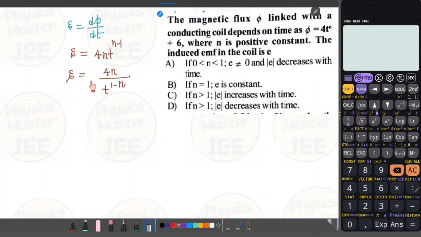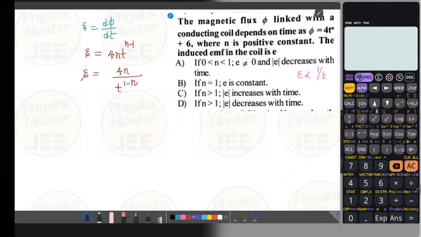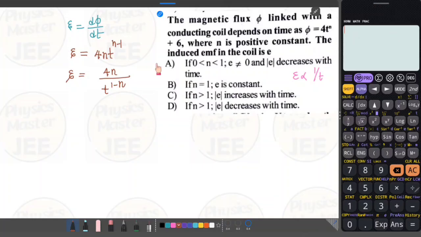Then this epsilon will be inversely proportional to t power something. Since it is inversely proportional to t, this epsilon or EMF decreases with time. So that is the right answer.